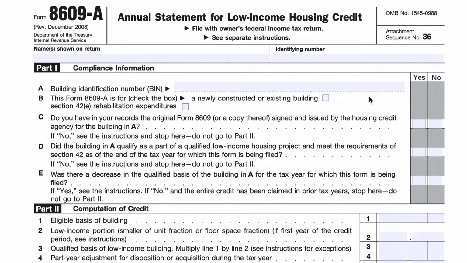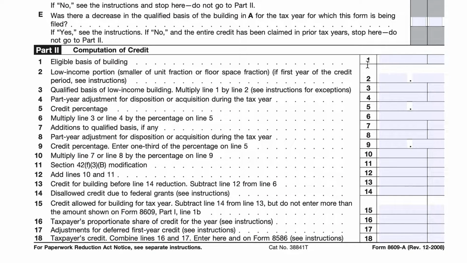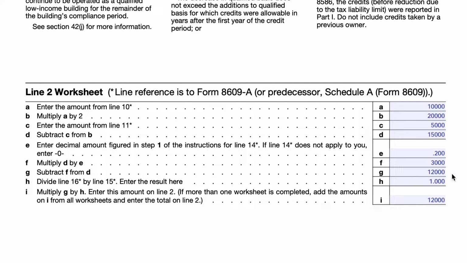So you're going to get your information from here. We did not fill this at all for the purpose of this form. I simply walked through some numbers and made up some figures to put in here for illustration purposes.